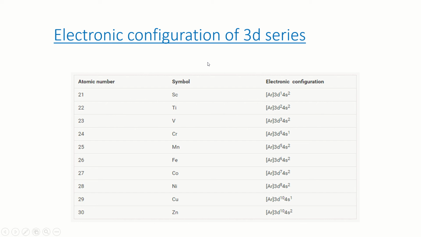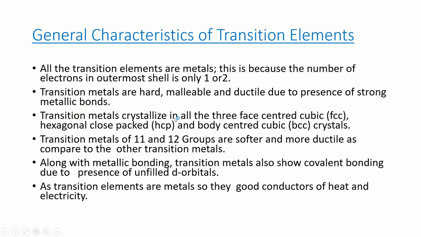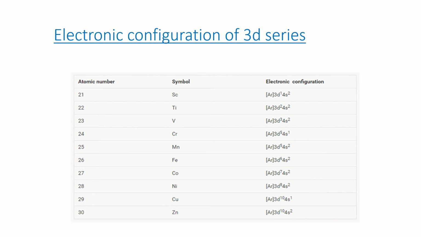The electronic configuration of the 3d series starts from atomic number 21 to 30. The first element is scandium, then titanium, vanadium, chromium, manganese, iron, cobalt, nickel, copper and zinc.